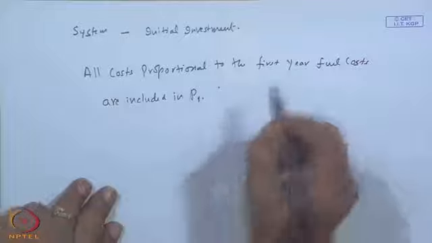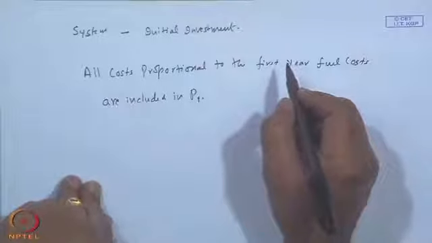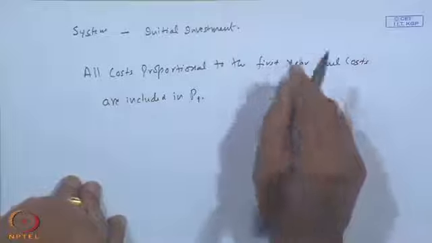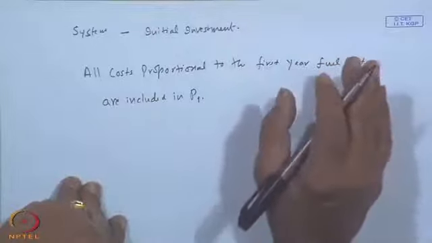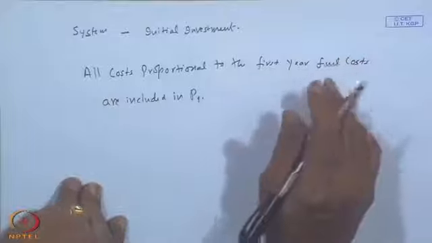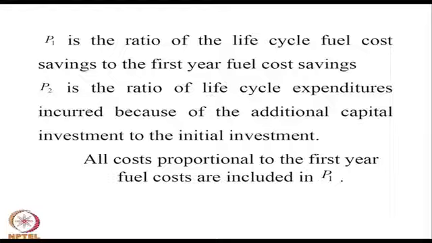This is just to make you appreciate before you go for a formula to calculate the P1 and P2s. Basically, P1 is going to indicate how much you are going to save. So, all that should be proportional to the first year fuel costs according to the economic scenario.